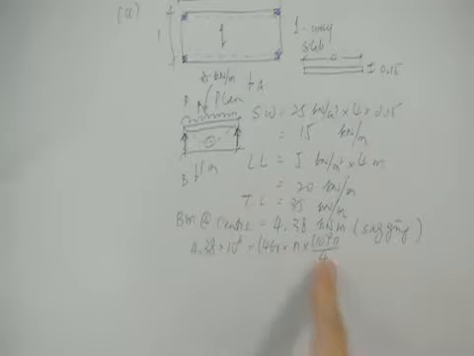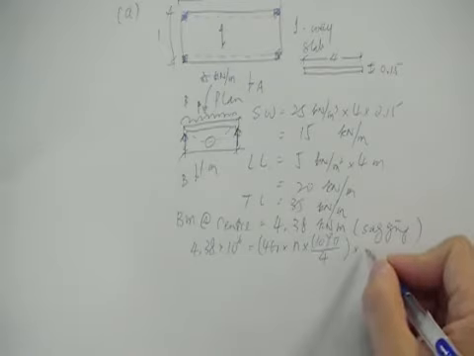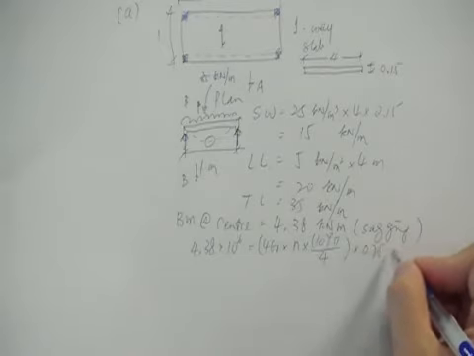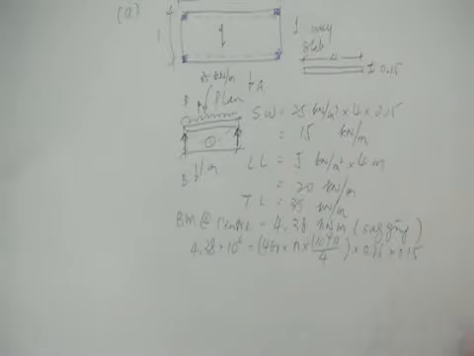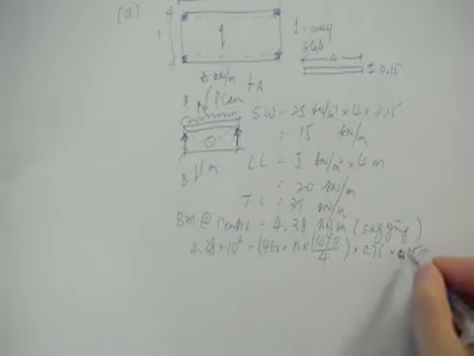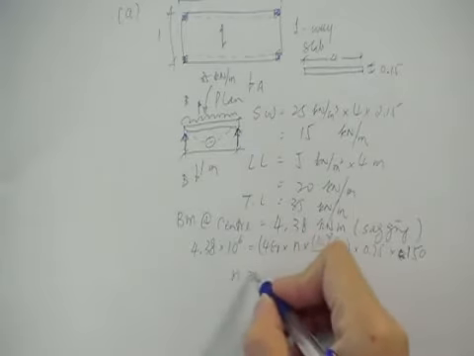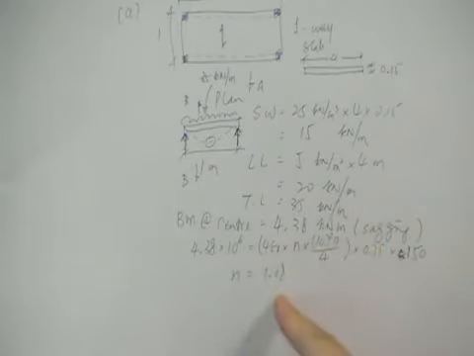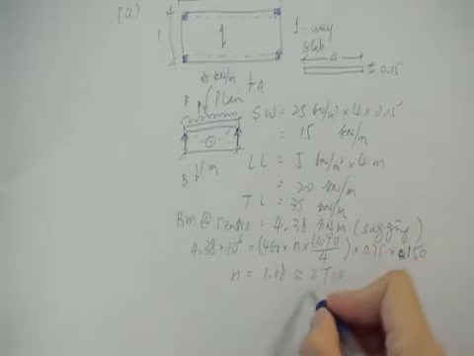So that will give you the total tension force in the reinforcement times the internal lever arm, which is 0.75 times the height of the cross section, which is 0.15 meters, and you change it to a unit of millimeters, so that's 150. And from this equation, you can find out the number of rebars is only 1.08, or round up to 2. That means you only need 2 numbers of.